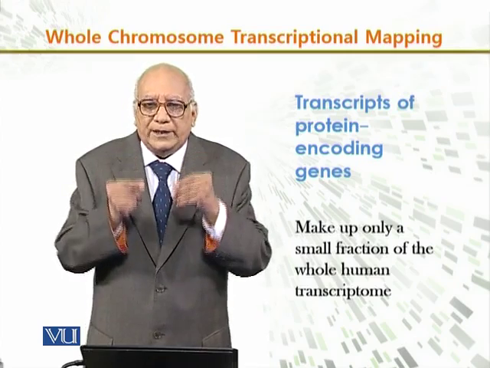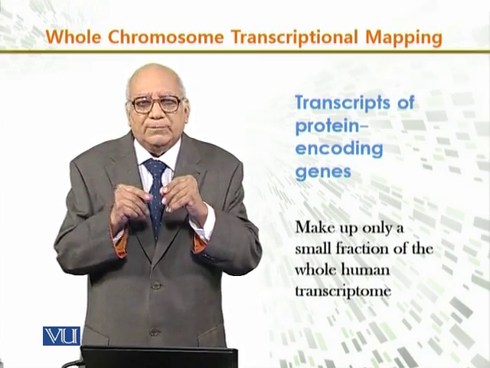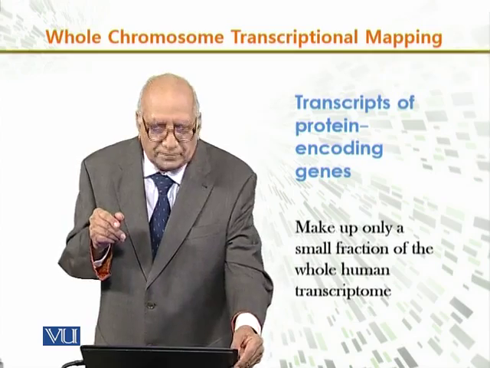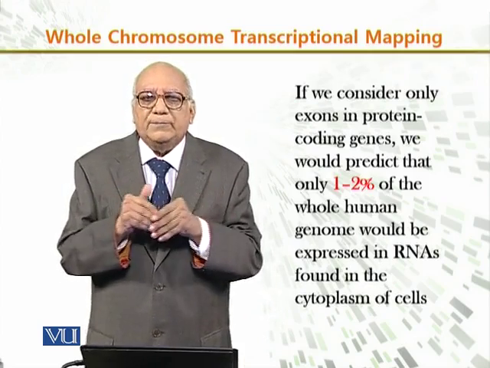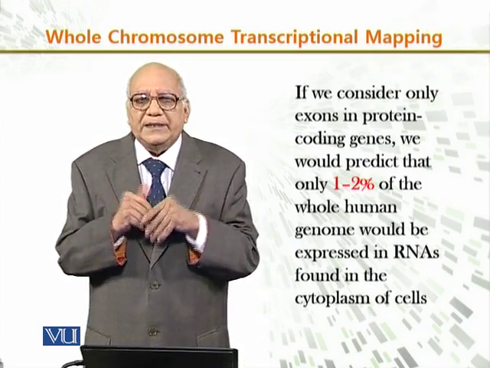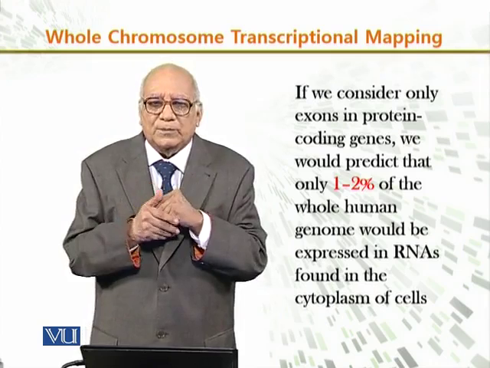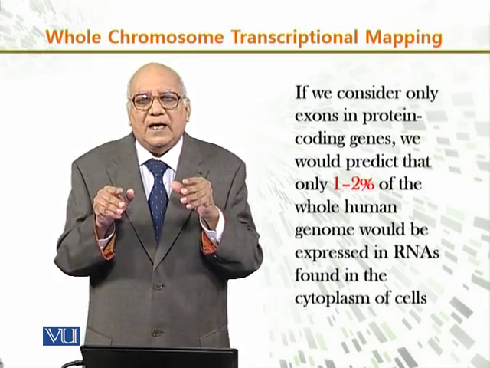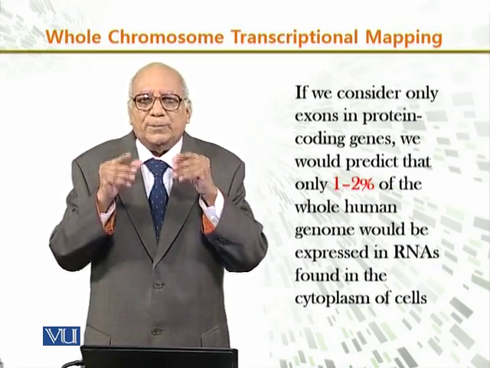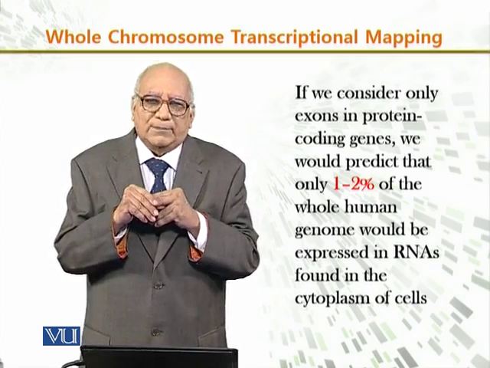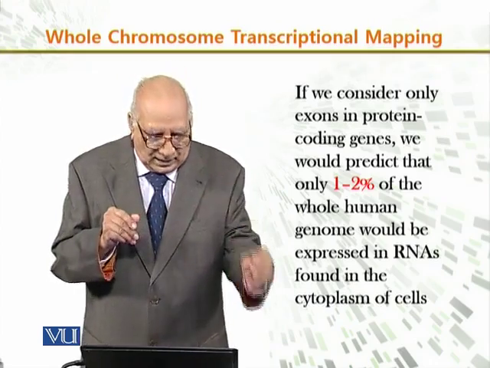If we consider only exons in protein coding genes, we would predict that only 1 to 2% of the whole human genome would be expressed in RNAs, ribonucleic acids, which are found in the cytoplasm of the cell. Remember, only 1 to 2% of the whole human genome, a small quantity.